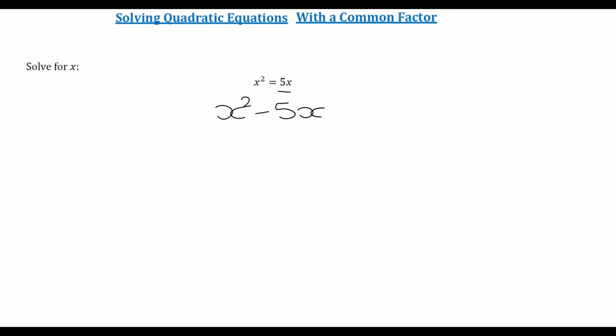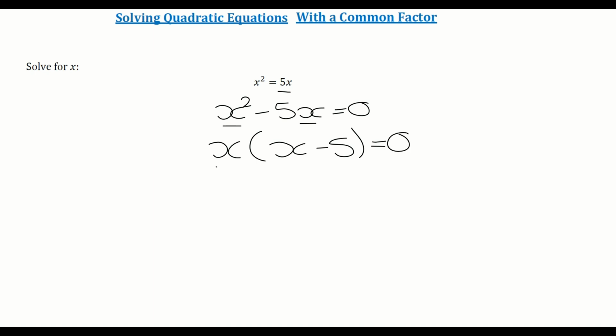And we can make our equation equal to 0. Now we can take out a common factor. We have x in this term and x in this term. So we can take out a common factor of x, open our bracket. x squared divided by x is x. Negative 5x divided by x is negative 5. Close the bracket, make it equal to 0.